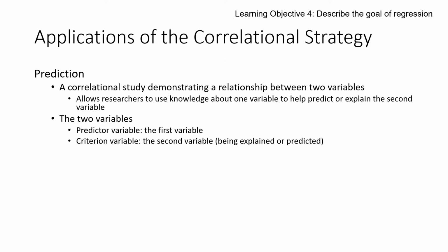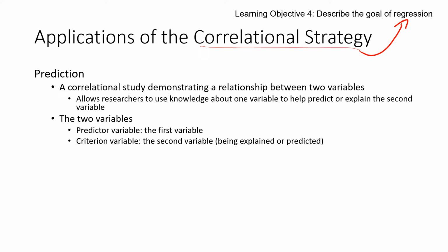Okay, let's shift gears and talk about regression. So the application of the correlational research strategy is regression. Again, correlation allows us to index the relationship between two variables.